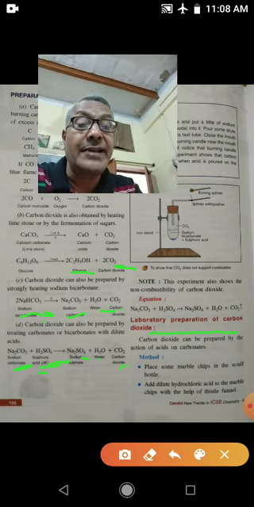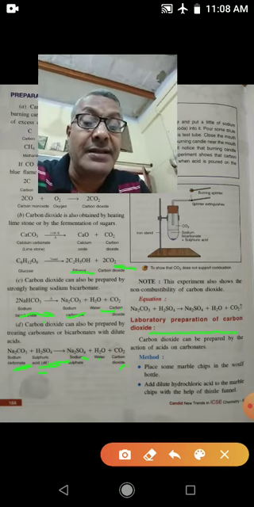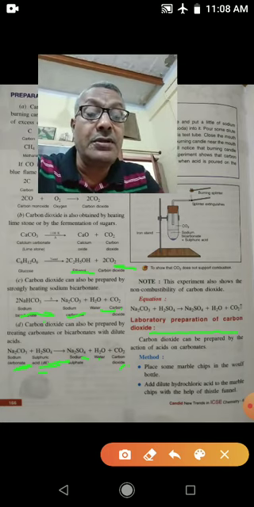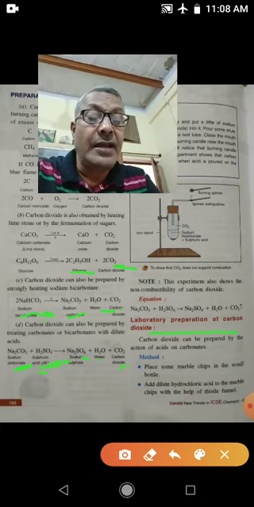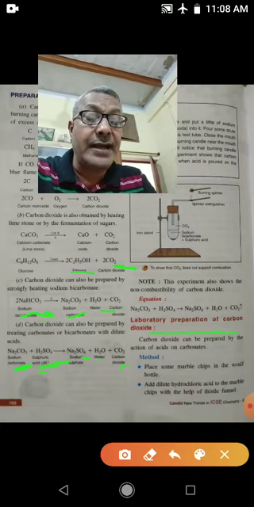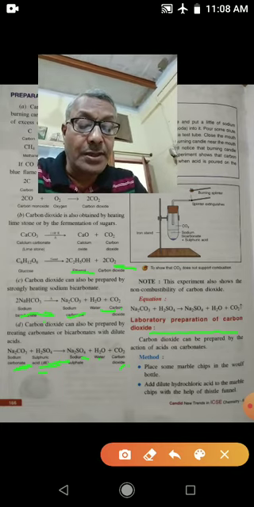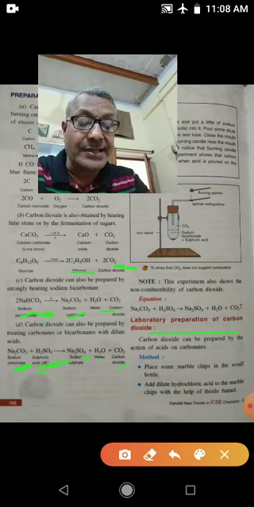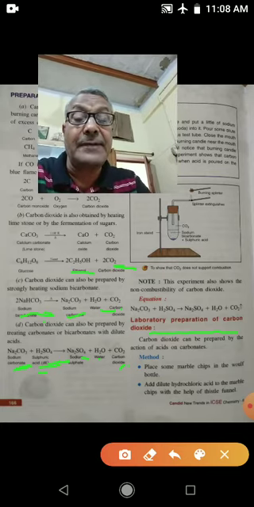Wolf bottle has two holes. In one hole we fix thistle funnel. In the second hole we are fixing delivery tube. And already in the bottle calcium carbonate is taken. Now dilute hydrochloric acid is added to the marble chips with the thistle funnel.